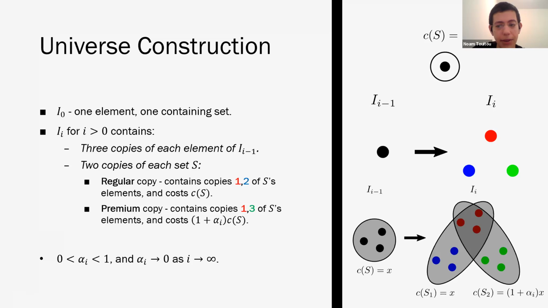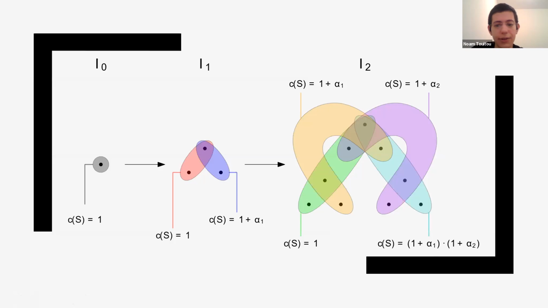So that's a copy that contains the red and green copies of the elements. And it costs a bit more than the original set. So that costs 1 plus alpha_i times the cost of the original set. Okay, here we can see the evolution of sets as the index of the instance grows. Okay, so note the duplication of elements and the duplication of sets.